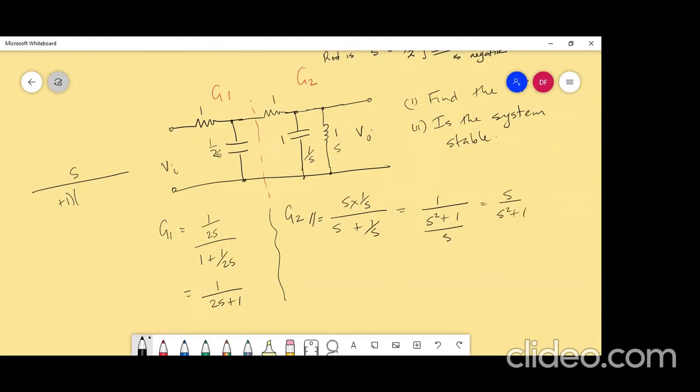So now G2 would be equal to the parallel section over s over s squared plus 1, plus 1. And when you simplify that, you get s over s squared plus s plus 1.